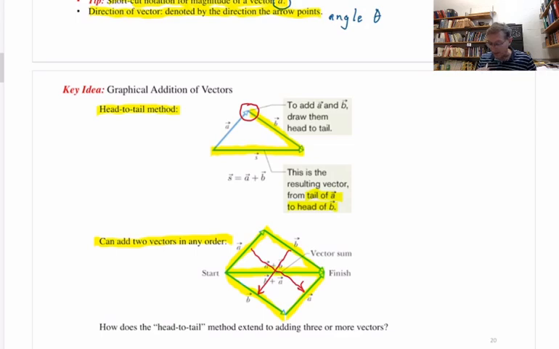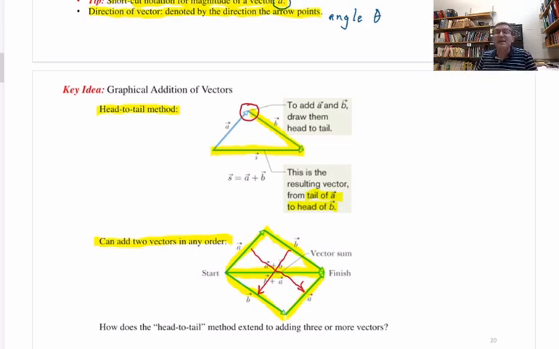So we go from the tail of B to the head of A. But it's the same vector as we had when we did A plus B, right? It's the same vector right there in the middle. So whether you do A plus B or B plus A, you get the same result. So far, so good, hopefully.